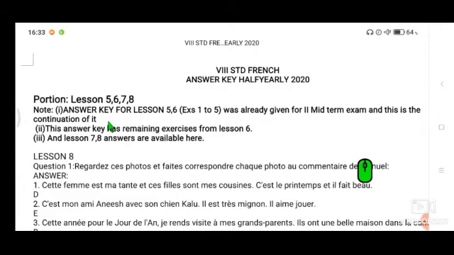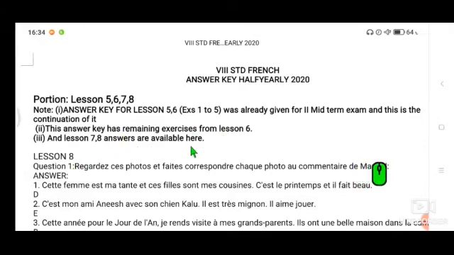The answer key has the remaining exercises from lesson 6. For lesson 5 and lesson 6, I gave 5 exercises for your second midterm. Apart from those 5, the answer key for the remaining exercises of lesson 6 is here, and the lesson 7 and 8 answers are also available here.